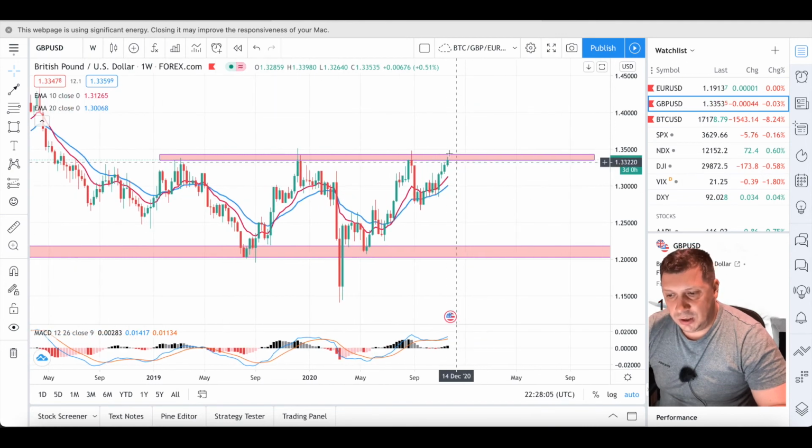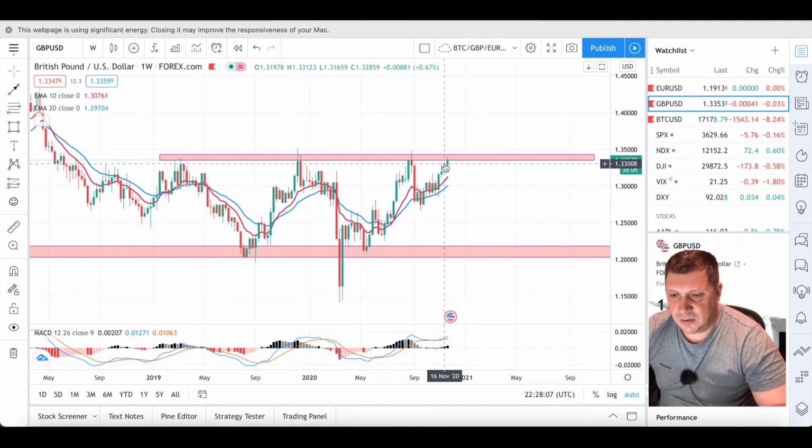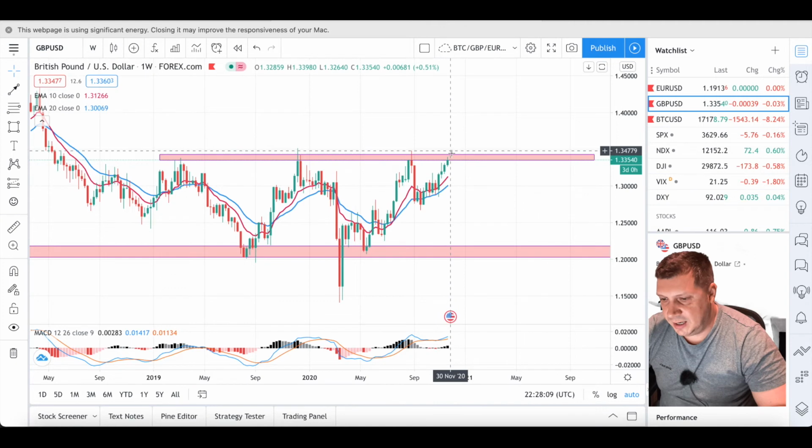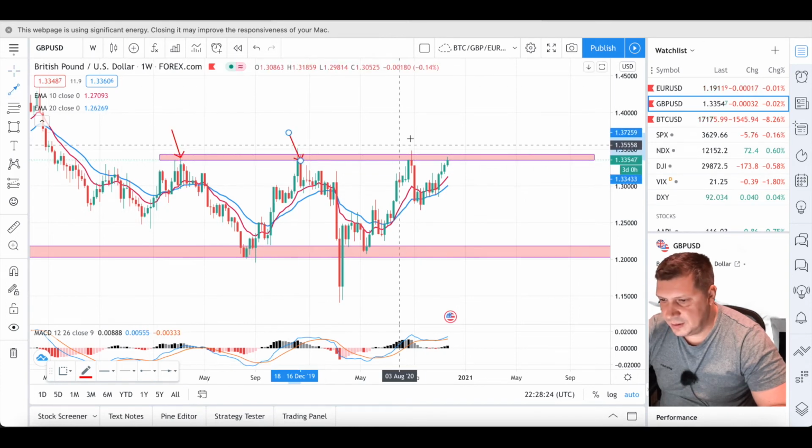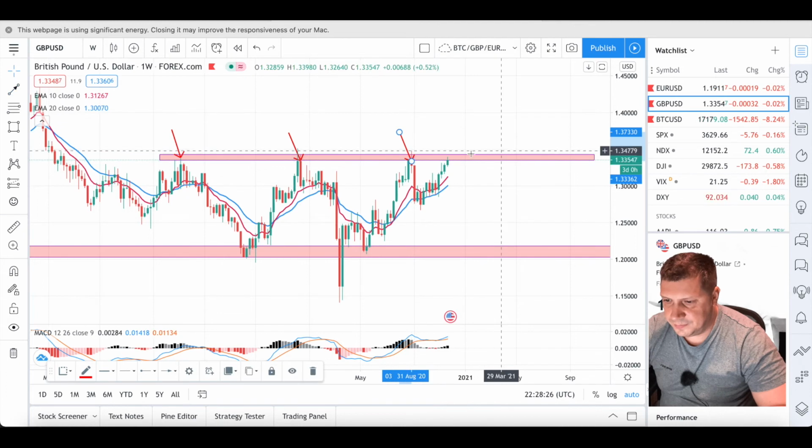So, we're at this point already, so it's very risky to take a long at this area, because right now it's already been rejected several times, right here, right here, and right here.